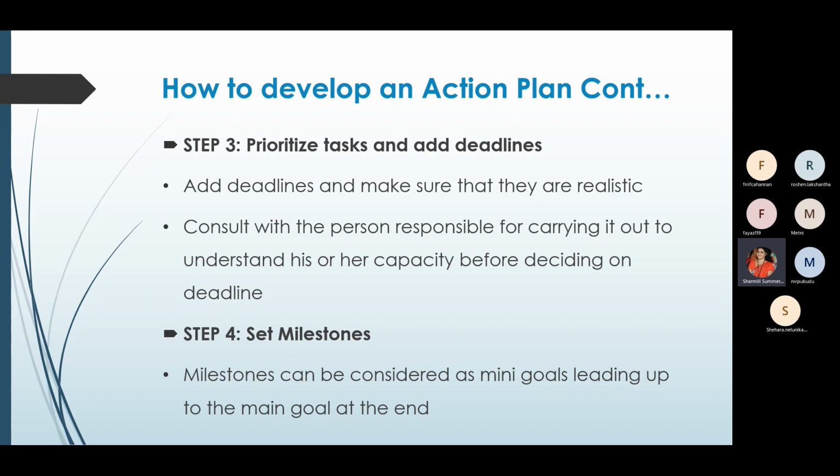Mini goal in the sense of how much weight you need to reduce within 1 month. For example, 5 kilos of weight reduction within 1 month, or how much you are going to lose in 1 week. So likewise, we are going to have some mini goals under the major goal.